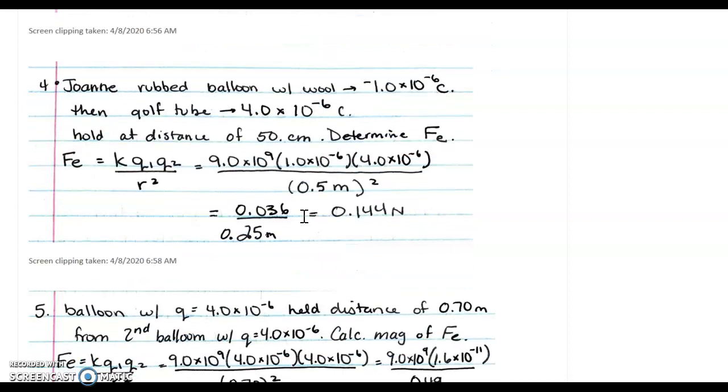All right, Joanne rubbed a balloon with wool to give it a charge of negative 1 times 10 to the negative 6 coulombs. Because when you rub a balloon with wool, you are frictioning off some of the electrons and transferring them from one substance to the other.